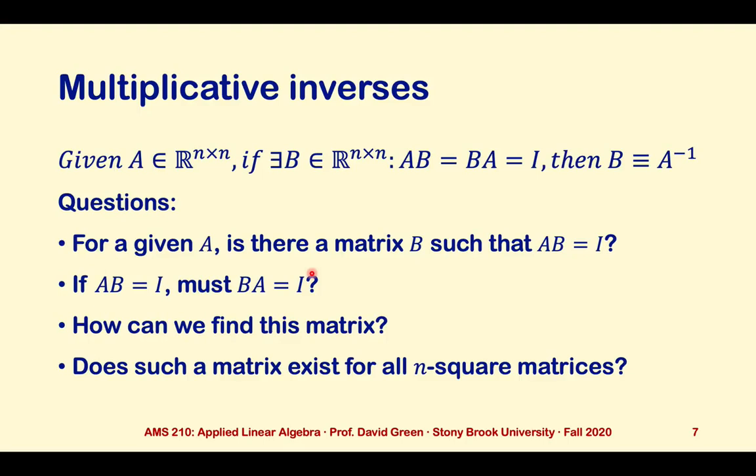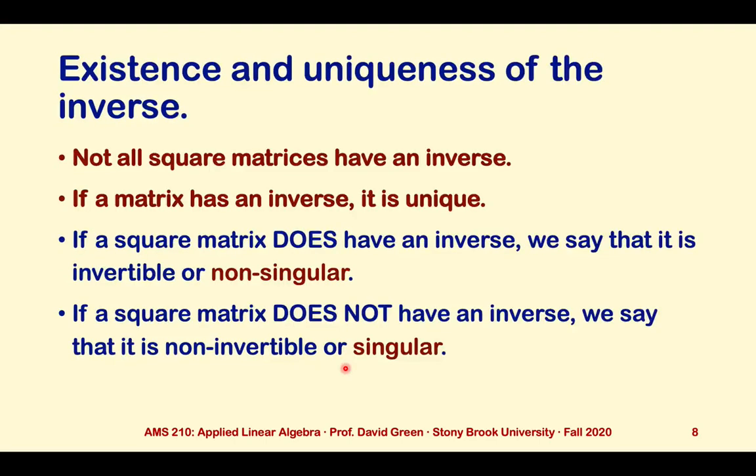A times B does not equal B times A, so this doesn't necessarily hold true. If such a matrix exists, how can we find it? And does such a matrix exist for every square matrix? Does it exist for any square matrix? And so on. Right. Let's address each of these questions one by one.